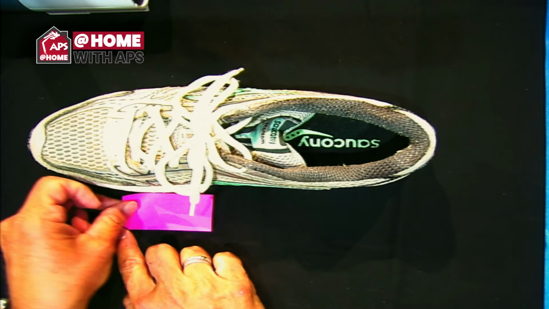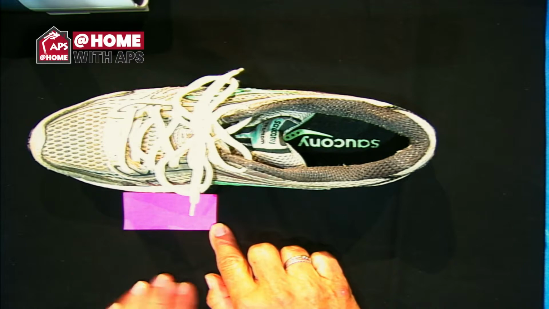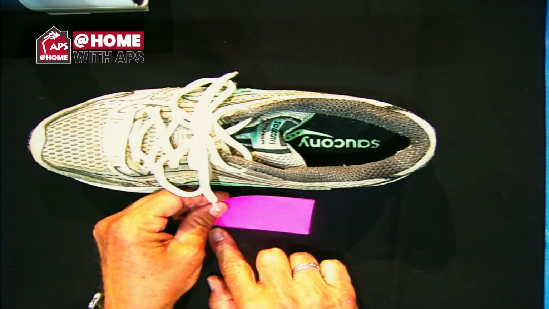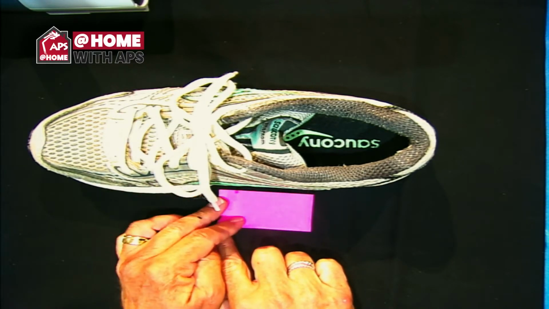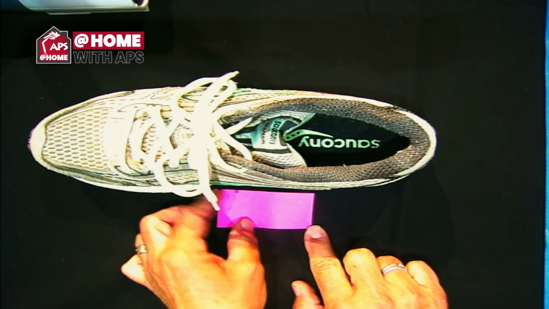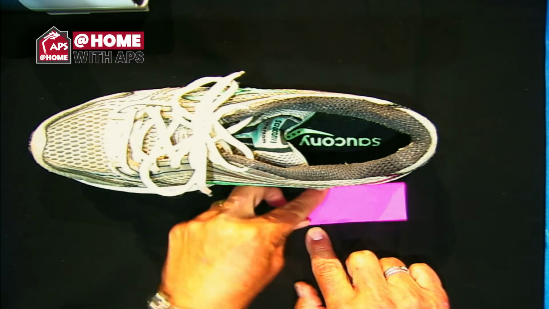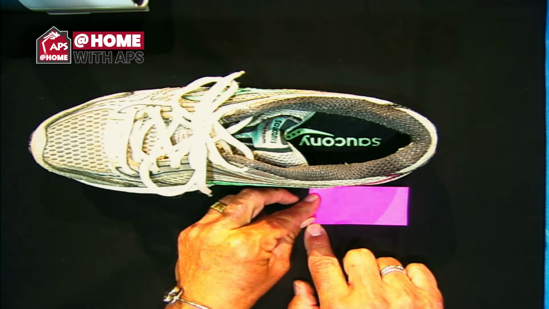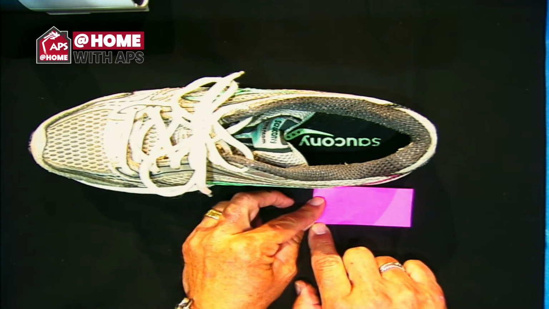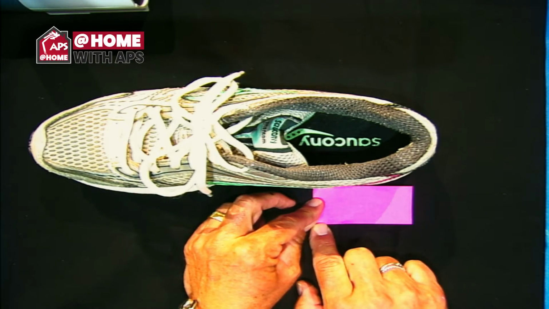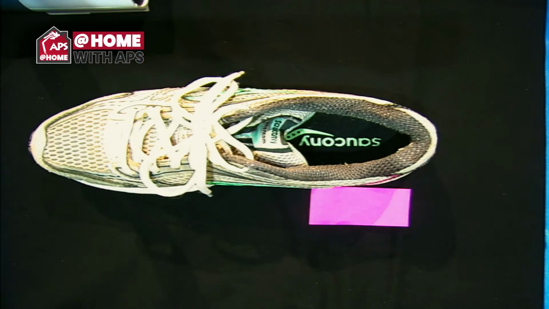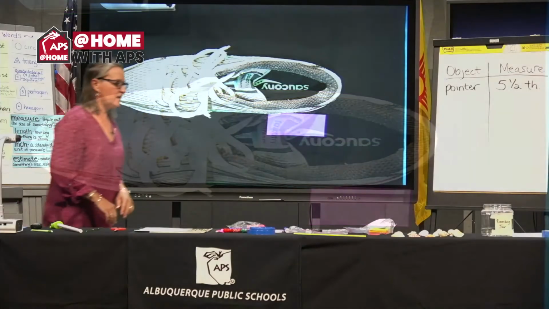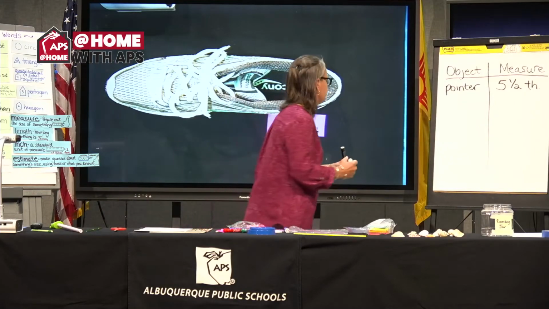Keep it lined up. 2 thumb lengths. 3 thumb lengths. 4. Just about 4 thumb lengths, maybe just a little more than 4. But since we're estimating today, we're going to go ahead and say 4 for this.